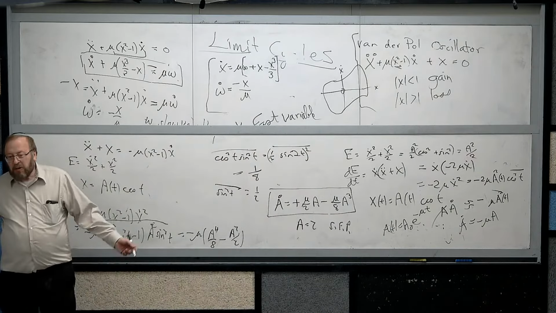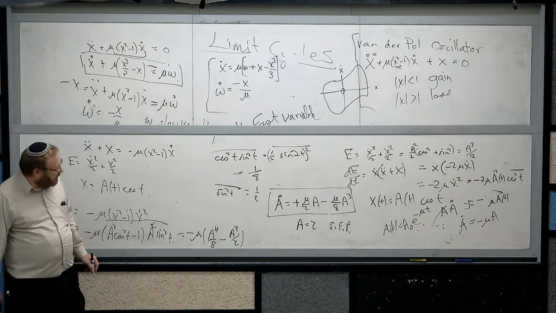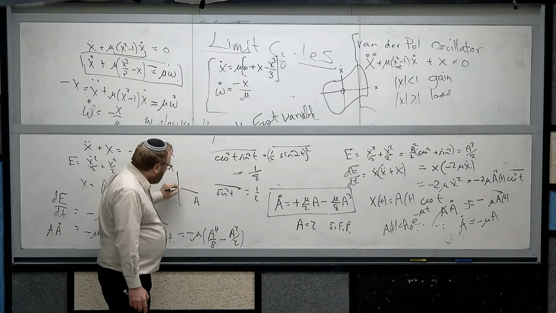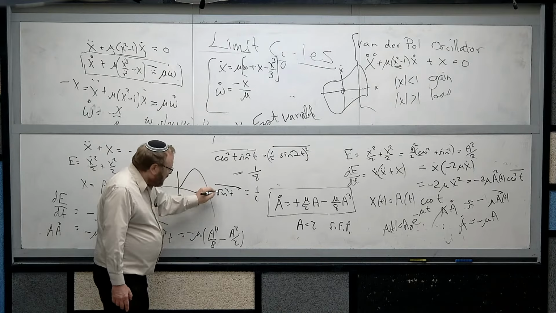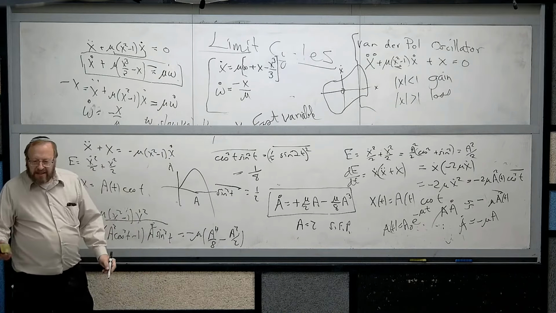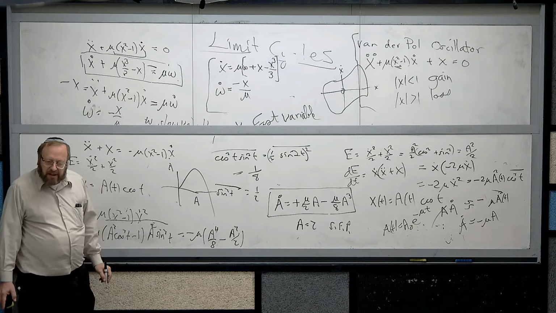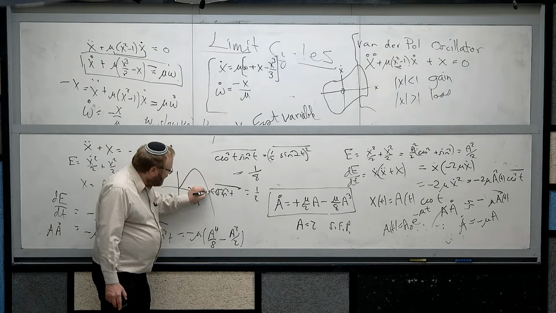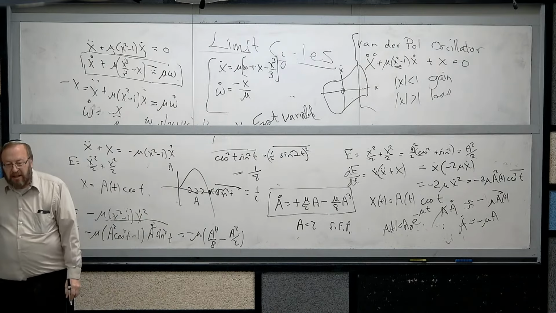So now we know that A goes to the stable one. A dot as a function of A goes up linearly and then goes like this. We don't have to worry about negative A, because it's the same thing as a positive one, just 180 degrees out of phase. So you get a stable fixed point at a equals 2 at long times.